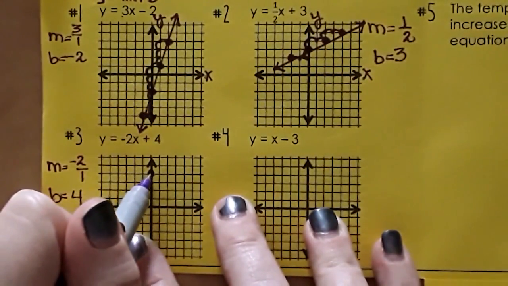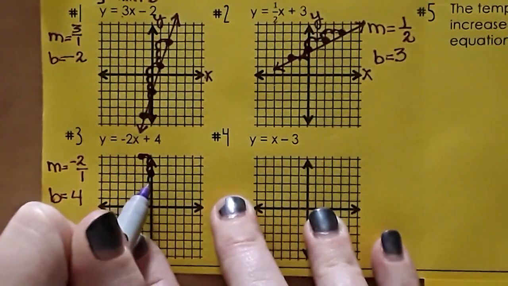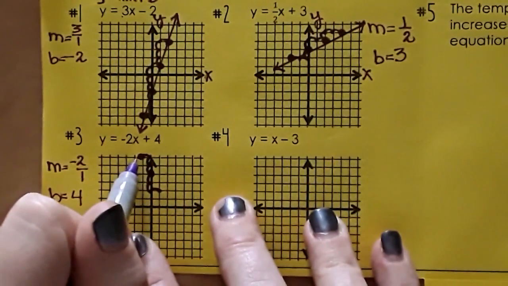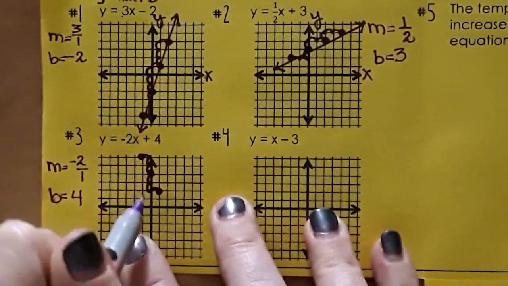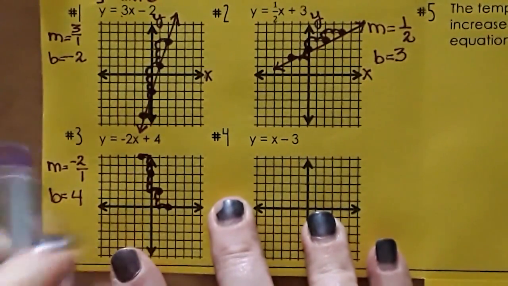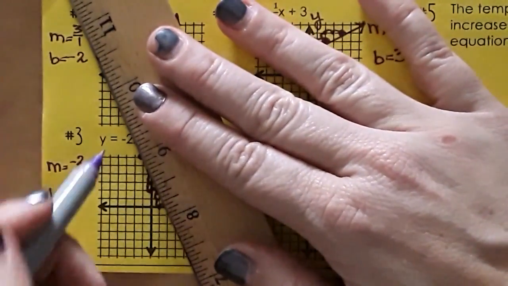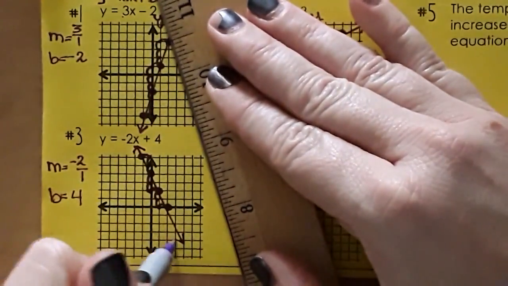So I can go up 2 and to the left 1, or down 2 and to the right 1. I'm going to go down 2 more and to the right 1, just so I have those 4 points. Take that straight edge. It is still a straight line.